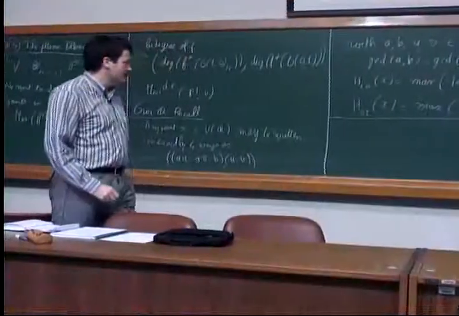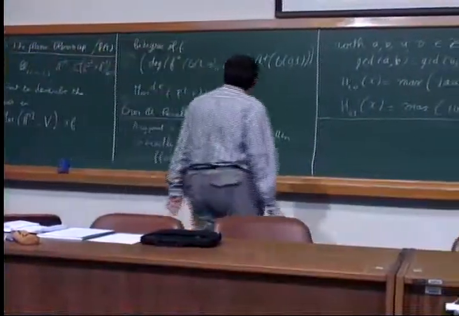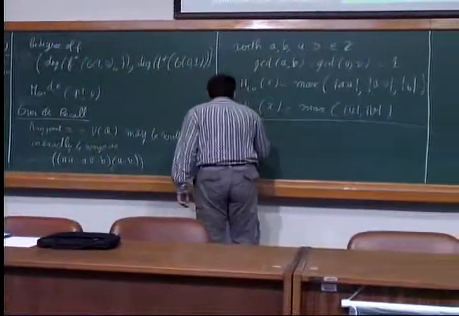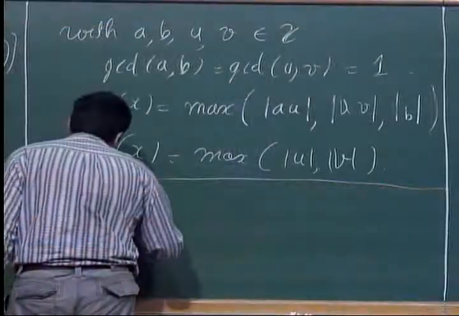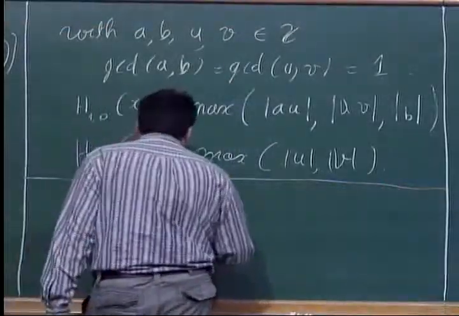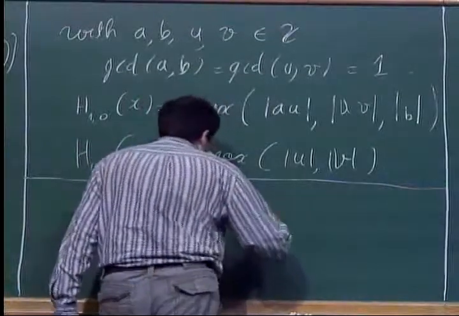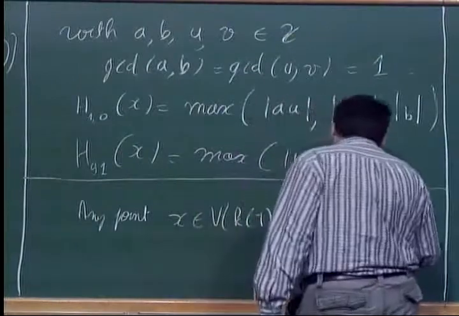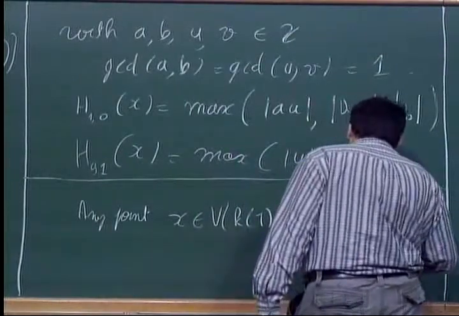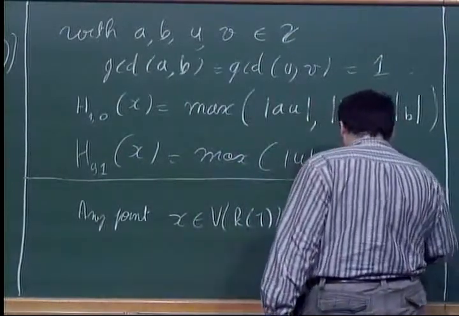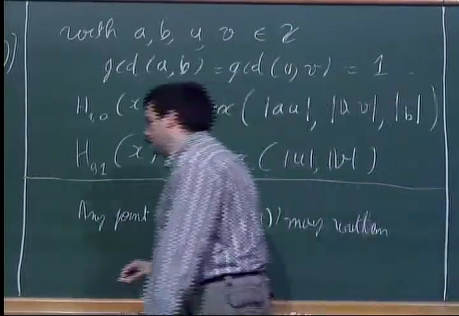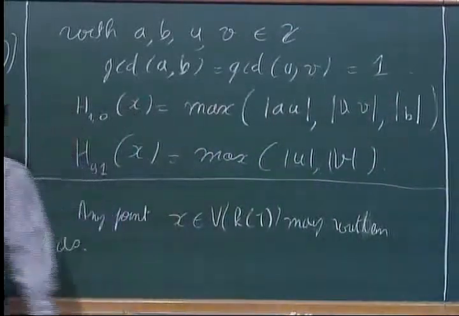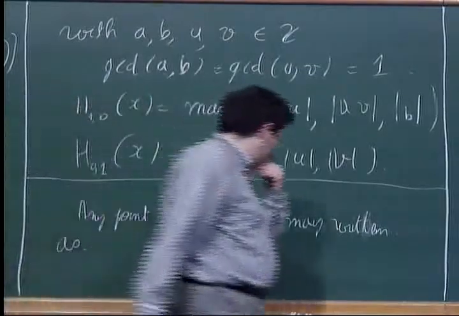And in fact, over K of t, we can do exactly the same, namely, any point x in V of K(t) may be written as, well, there is a big difference.